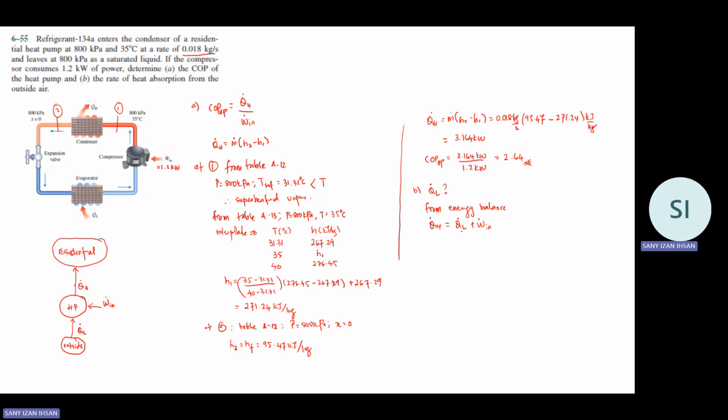Since we want to find QL dot, we know already the other two, so you rearrange. QL dot is QH dot plus W. It's not plus, you bring W to the other side, so it should be minus W in dot. Just rearrange that, and we have both values. QH dot is already calculated. But by the way, I made a mistake there.